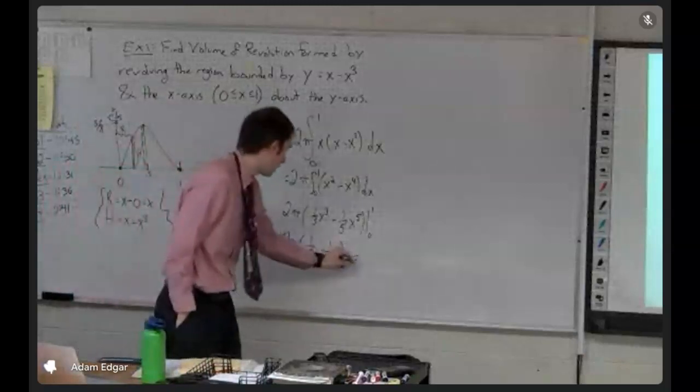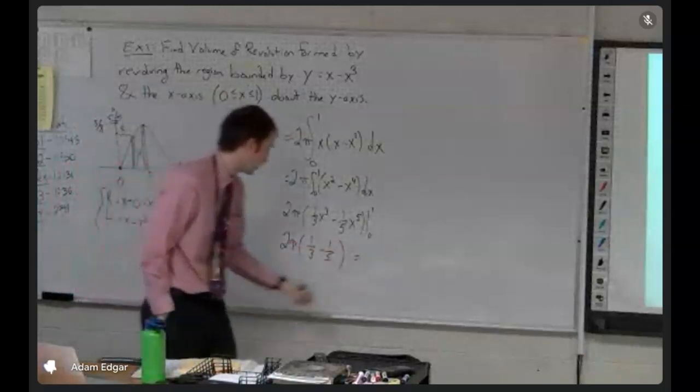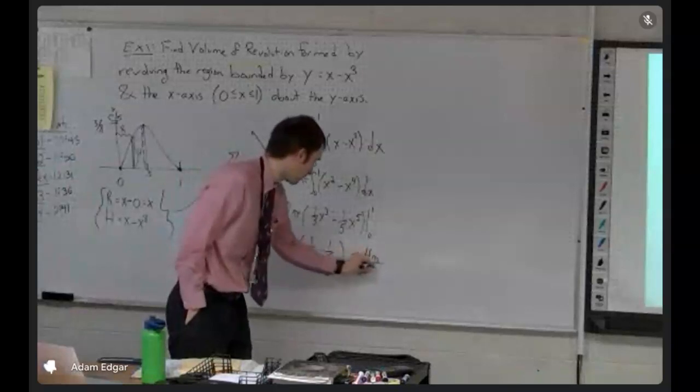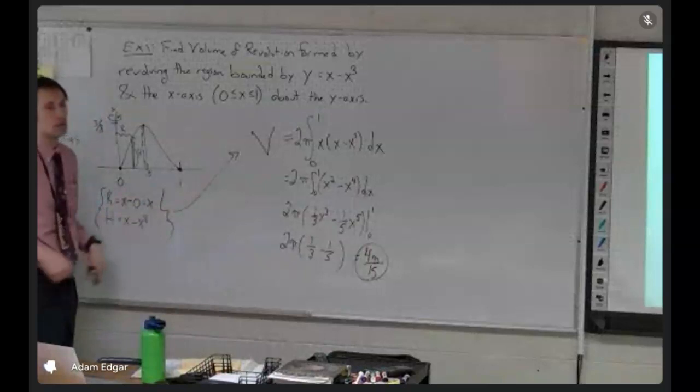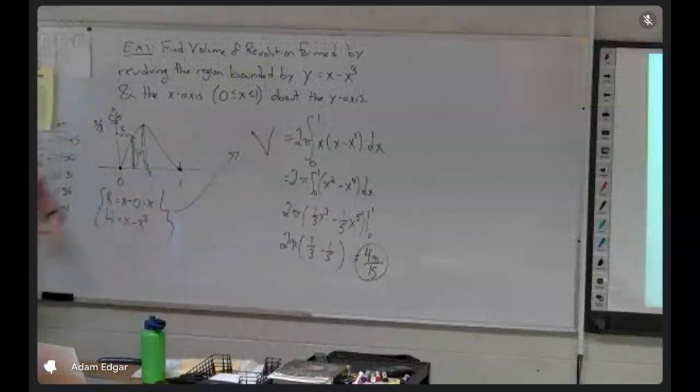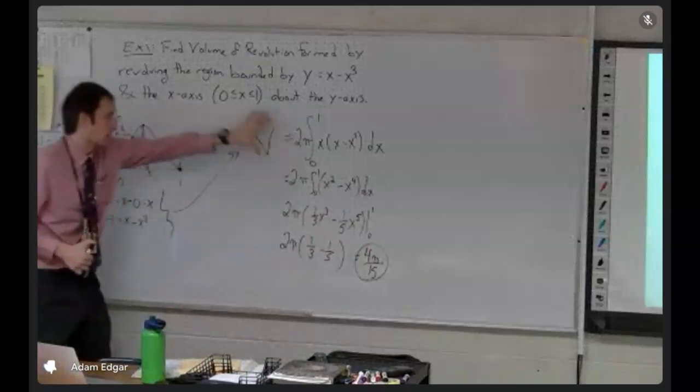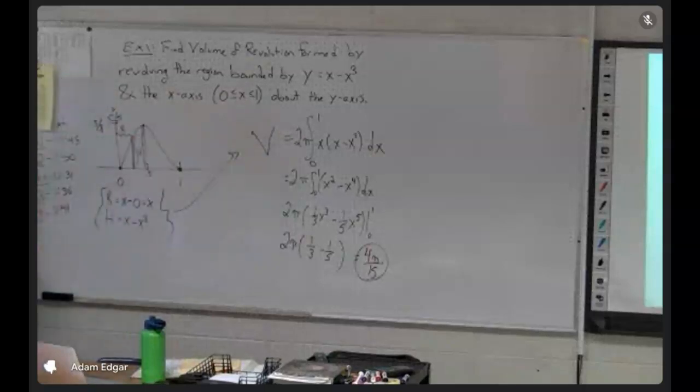And don't forget, you multiply by 2 pi, so we should end up at 4 pi over 15. Yeah. So, ta-da! Once you get there, usually it's not so bad. It's getting to that formula that's the big deal.